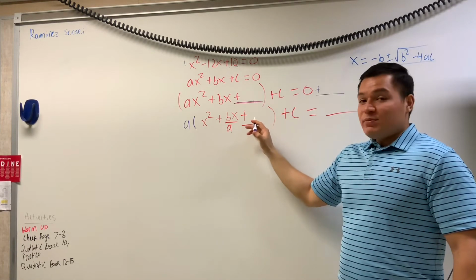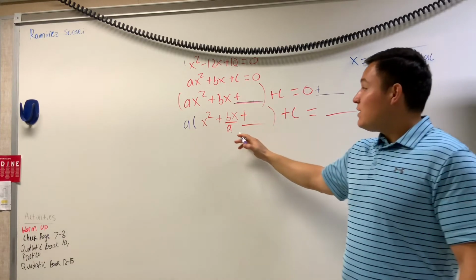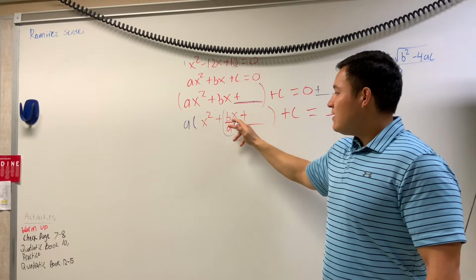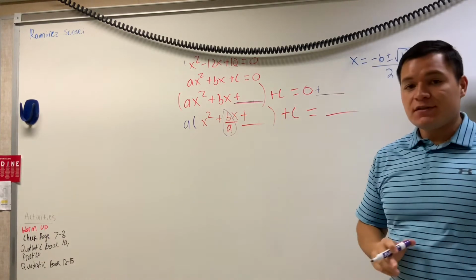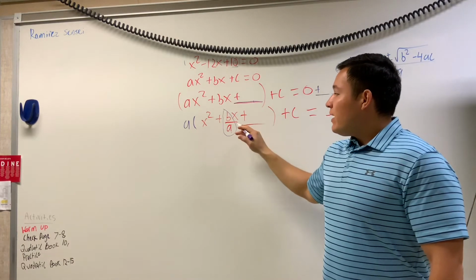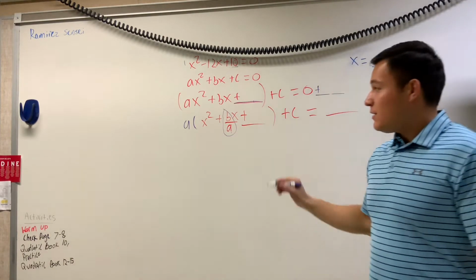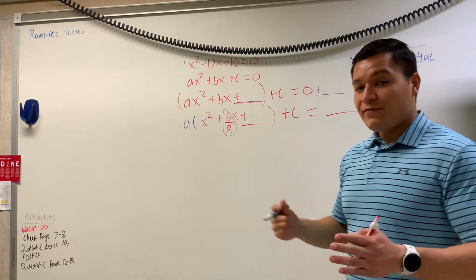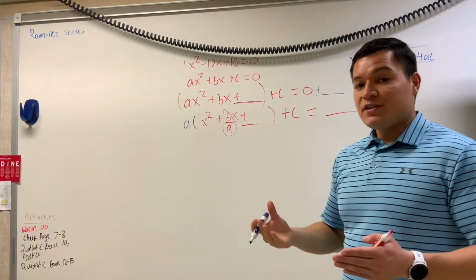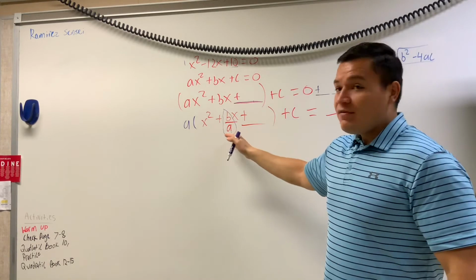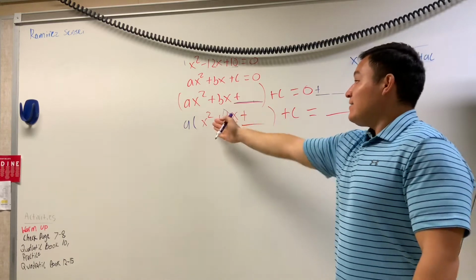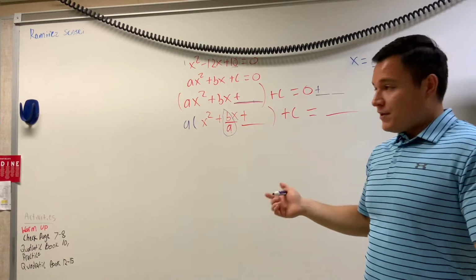Now we can find this blank space. This blank space comes from taking this coefficient, dividing it by 2 and then squaring it. That's the trick that they found from whenever they're factoring. They did enough questions to know that if you take half of the middle term and then square it, it's going to make it so that it's a perfect square.